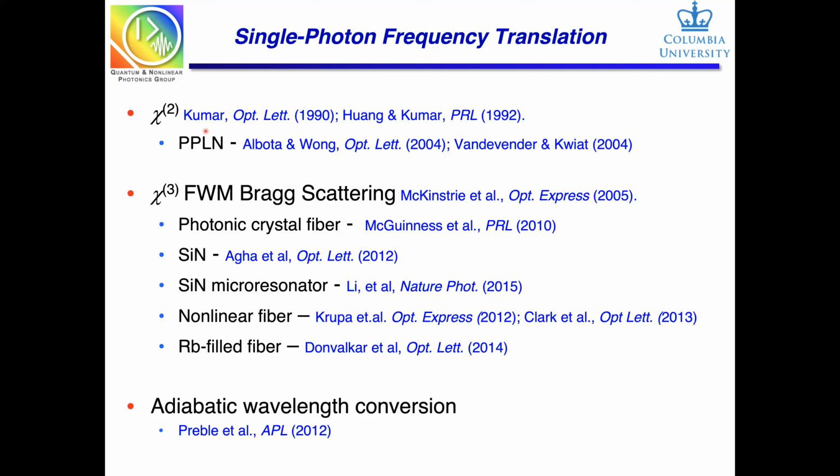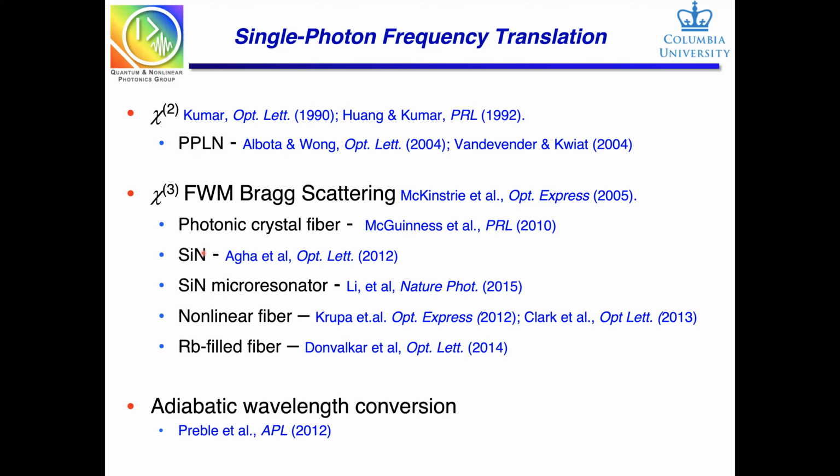I think the first early paper on this was done by Prem Kumar, in an Optics Letters paper, thinking about Chi2 frequency translation, and certainly a demonstration of this in periodically poled lithium niobate. But there's also been a lot of work done on Chi3, and a lot of the early work on Chi3 suffered from either poor conversion efficiencies or high noise. So what I'll be telling you about today is work in which we've been able to achieve both very high conversion efficiencies.